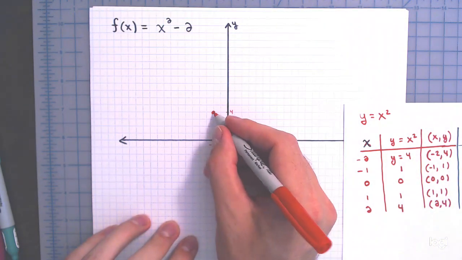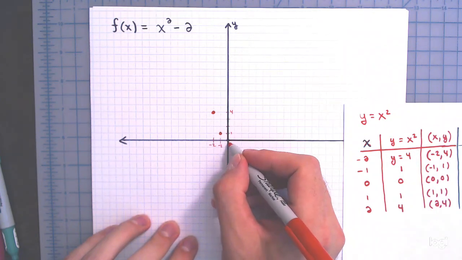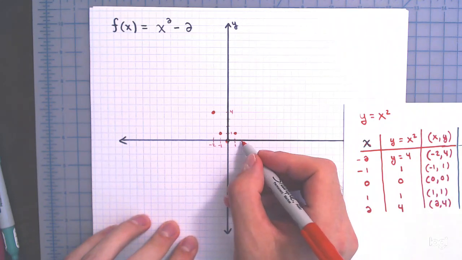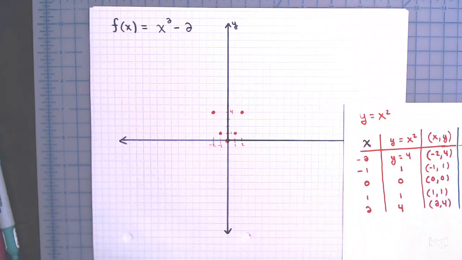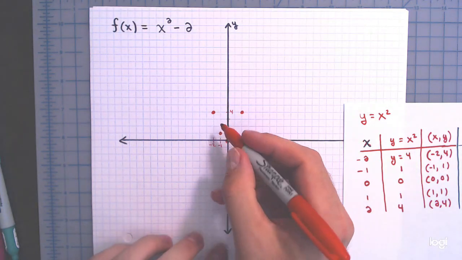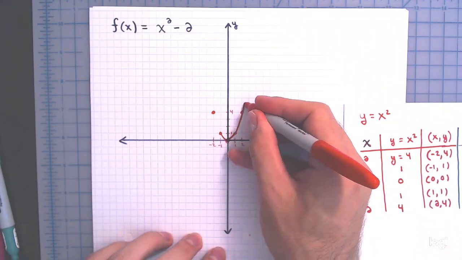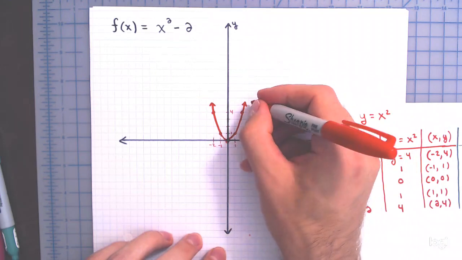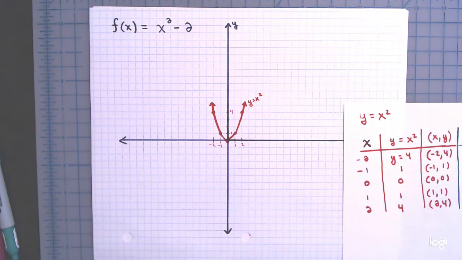That location. -1, 1. 0, 0. +1, 1. And 2, 4. And draw in that parabola again. Here's y equals x squared. All right, so that's the original that I'm asked to start with.